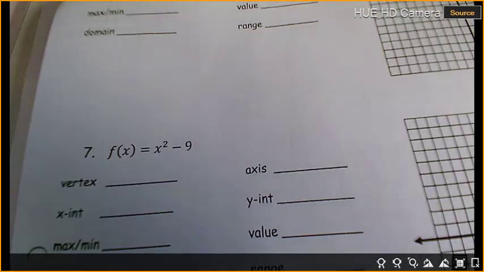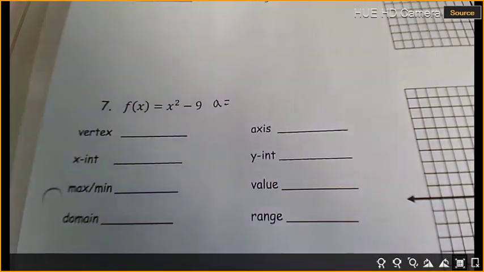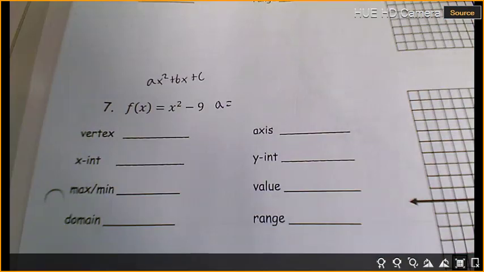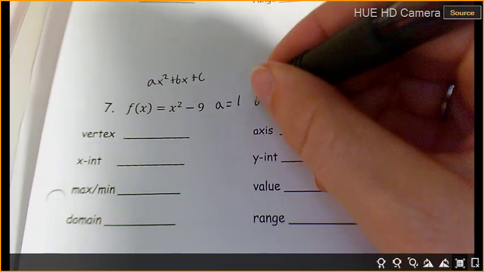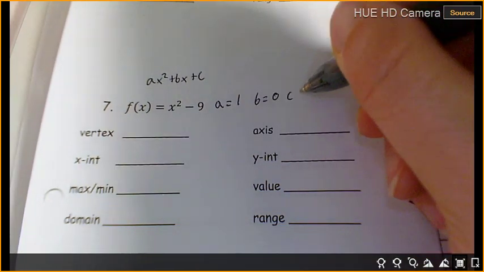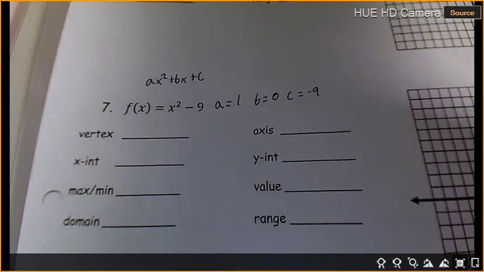Okay, so let's start with this. What's A? Remember, it's ax squared plus bx plus c. So what is the A value? 1. What's the B? Nope, it's 0. What's C? -9 is the C, because there's no x.